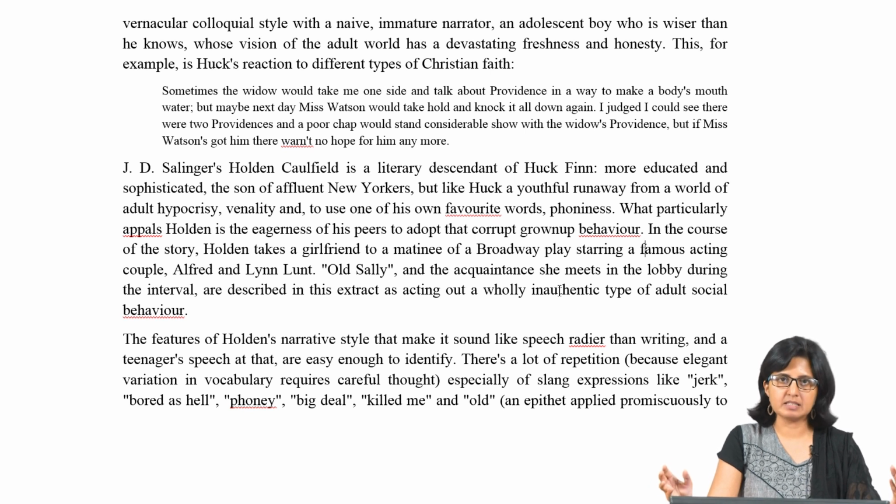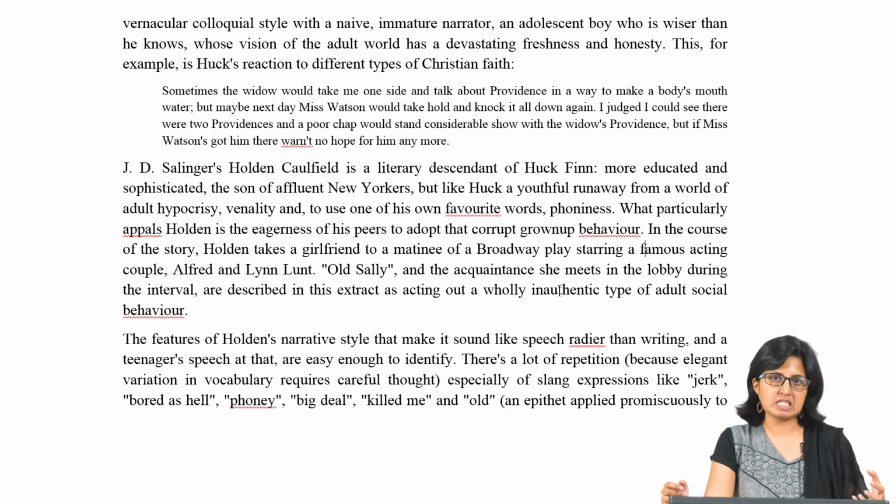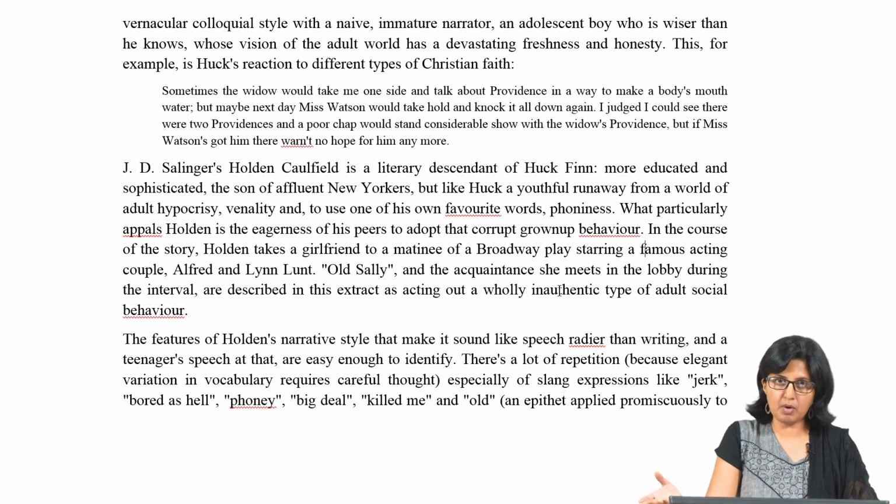Here we find Holden Caulfield trying to save himself and the other younger children from the phoniness of the adult world by rescuing them, by not allowing them to grow up. He has this ideal view of the world that he wanted to save the children before they grow up.